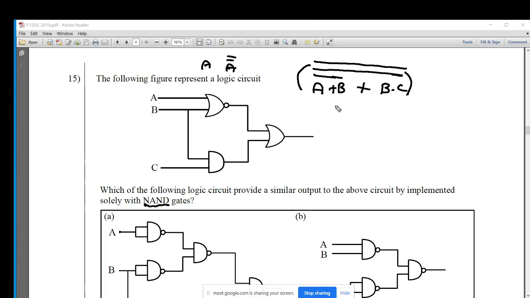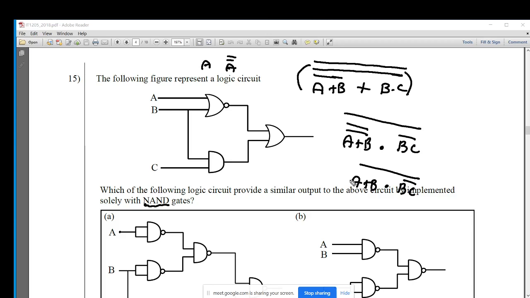Then it will be a plus b; De Morgan law means a bar dot b bar. So this block, that is a plus b bar bar, dot bc bar, and the bigger bar is still there. So then it will be a plus b dot bc bar, but still we have an OR gate.